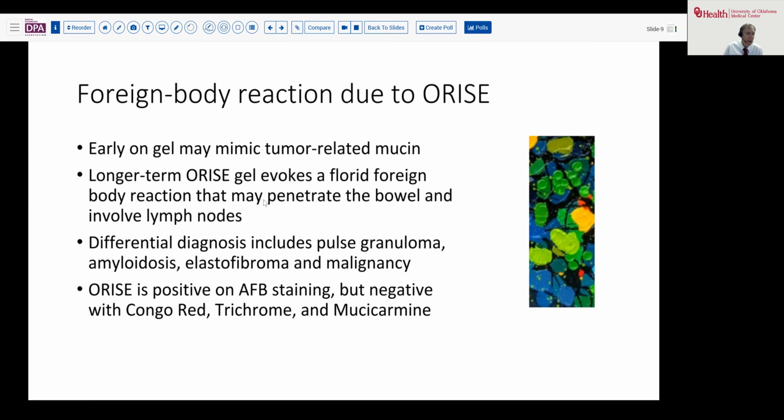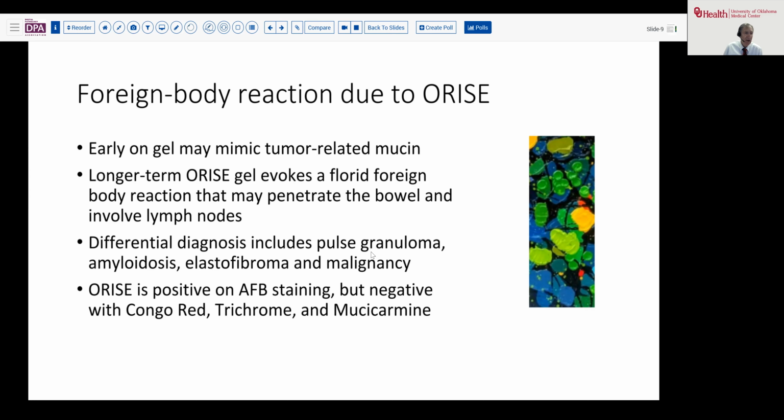It can be PET positive, as we've seen in this case and one other previous case, and thus create the impression that a primary carcinoma or other tumor has recurred and is potentially still resectable and salvageable.